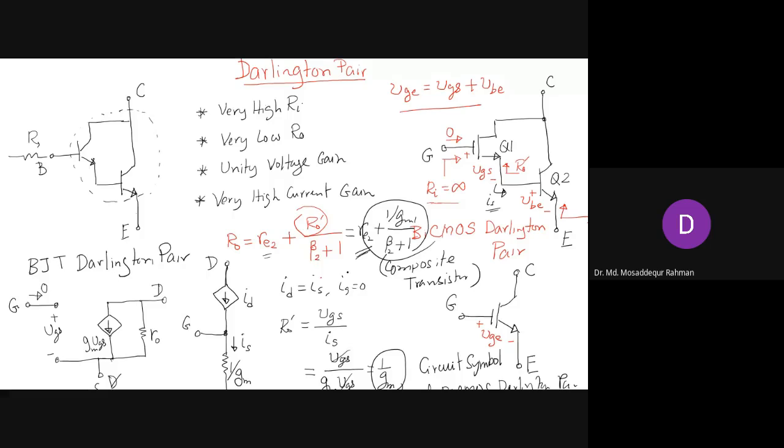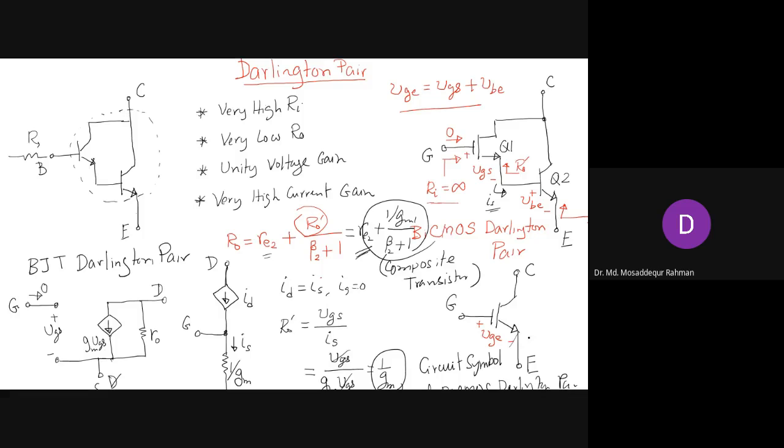If you compare with the BJT Darlington pair, the MOSFET Darlington pair has a similar level of output resistance. If not lower, it will be in the same range. So we can call it very low output resistance, and it has infinite input resistance. So as a voltage buffer, it will work.